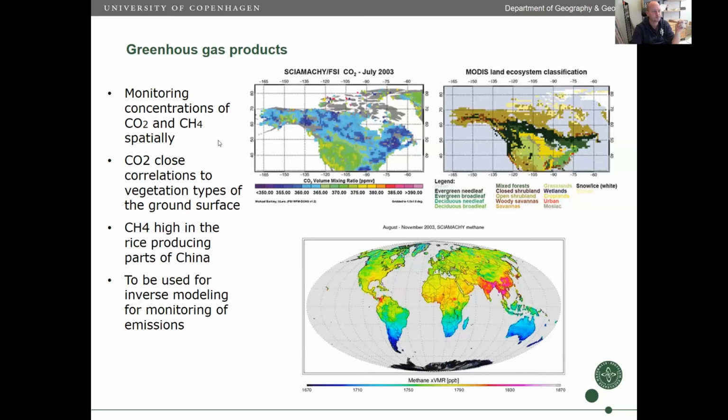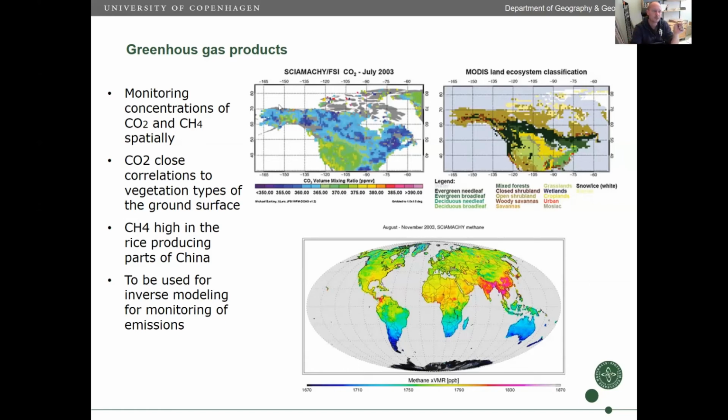And here you have an example of the carbon dioxide concentration across North America, and a comparison with some different types of biomes. You can clearly see that the concentrations of carbon dioxide are very dependent on the amount of vegetation on the ground.